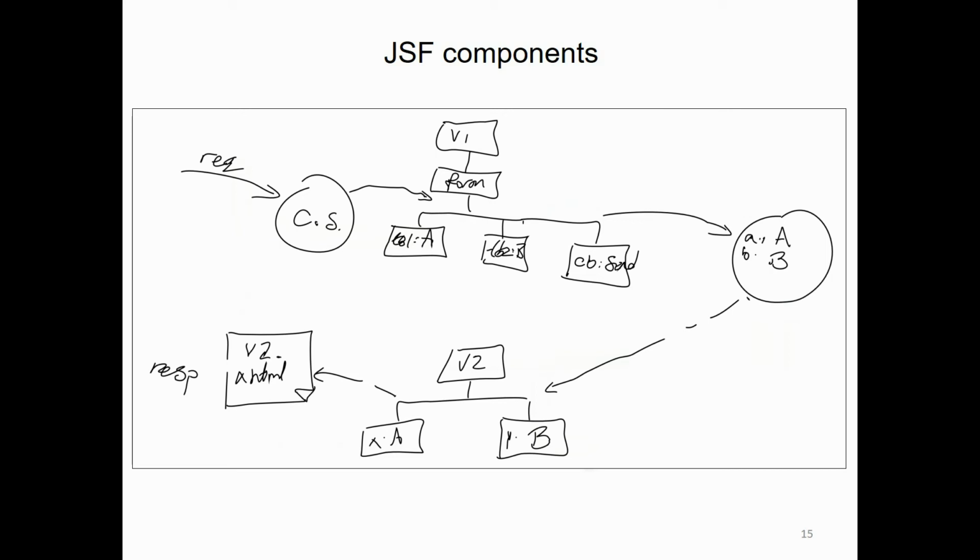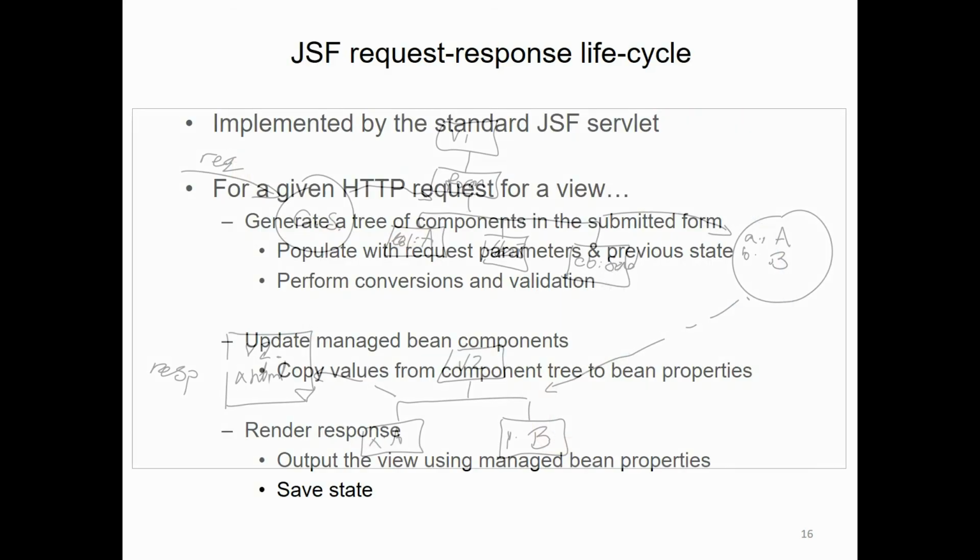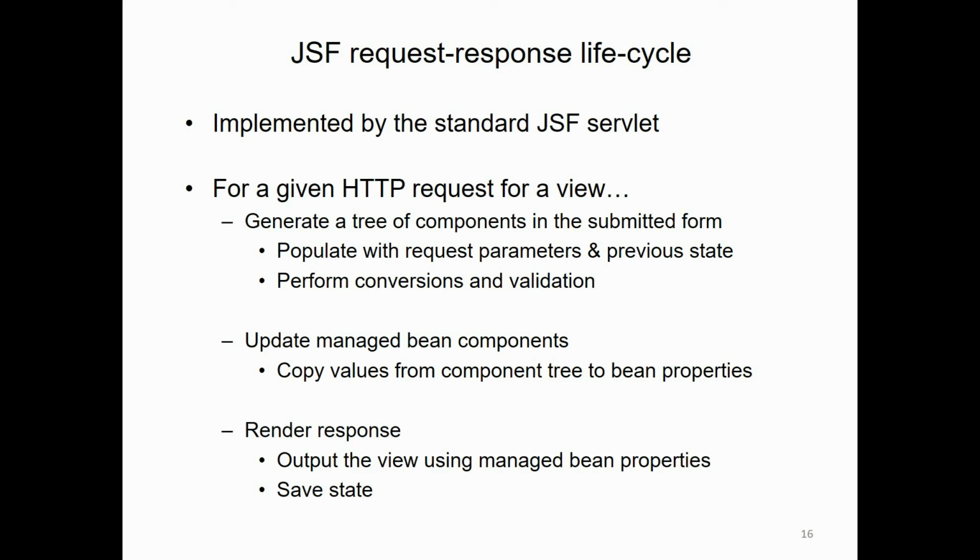You need to become familiar with that life cycle because it will underpin everything that you do in the web tier when using JSF. So by way of recap, the control servlet is a standard JSF servlet. We have no control over it.